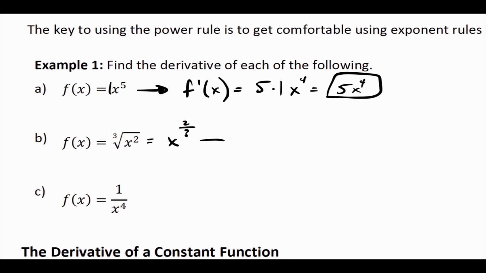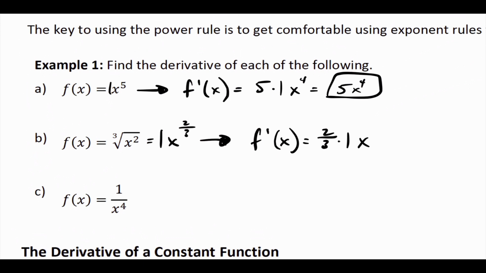Okay, so let me find its derivative. The power rule says the old power moves to the front. So 2/3 moves to the front. That multiplies times the old coefficient. What was the old coefficient? 1, right? So multiply that times 1.